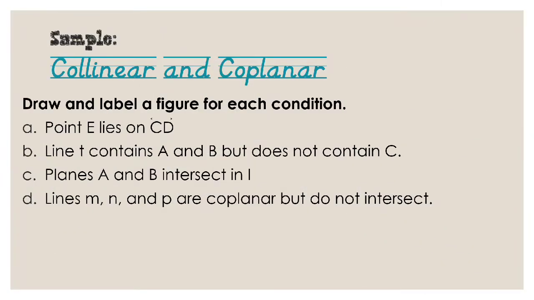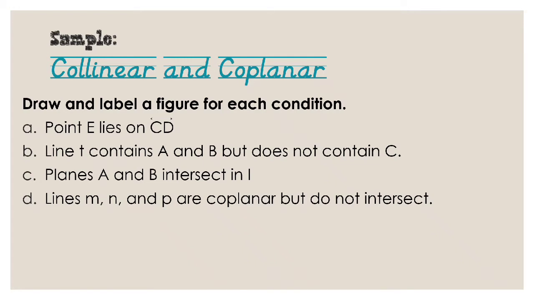With the next example, you are going to draw and label a figure for each condition. We have here 4 conditions and you are going to draw this on your notebook. Are you ready? Okay, let us have letter A. Point E lies on line CD. So how are you going to draw this?